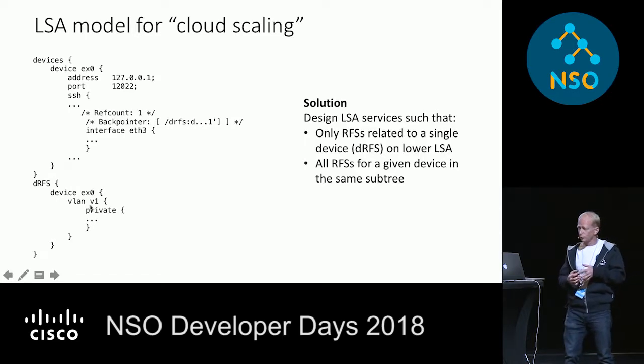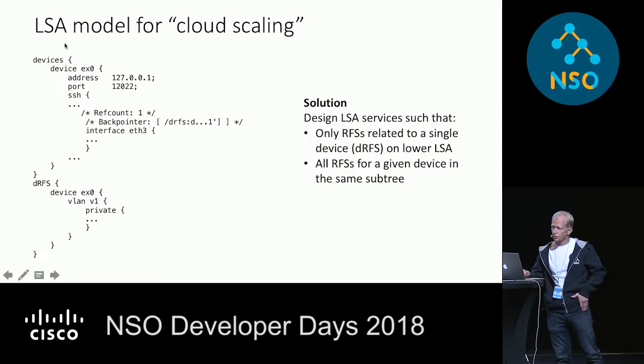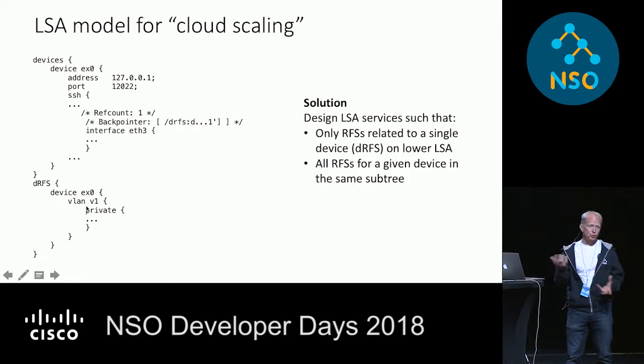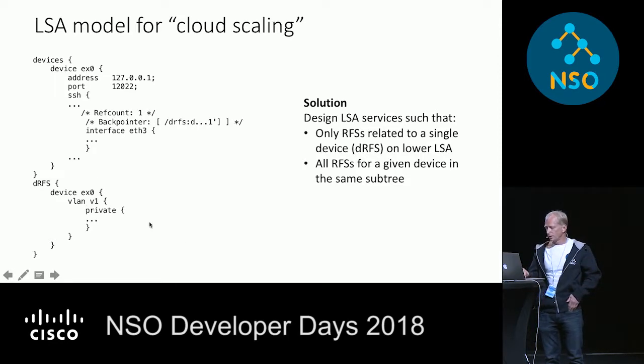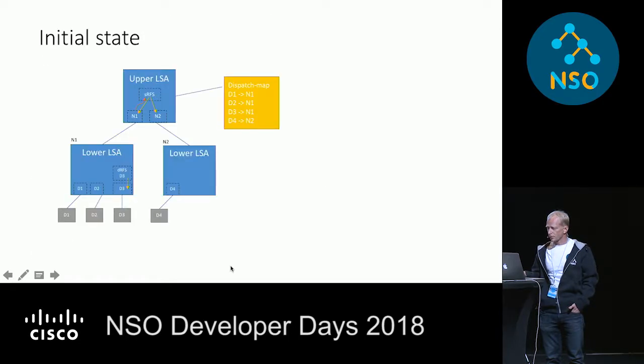It means that to move the device, all we have to do is package up the device configuration under device X0 and the RFS instances under the RFS device X0. And then we are good to go. We can take that, install it on some other lower NSO node, and be happy.